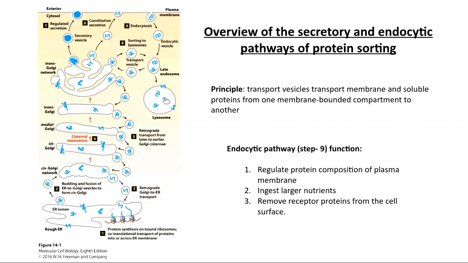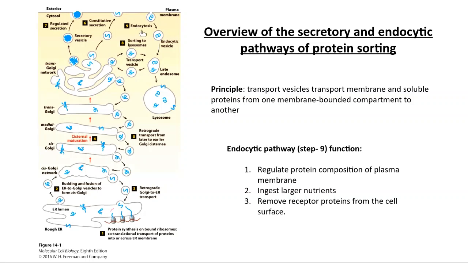And we know that the lysosome also has an acidic environment, as well as certain proteases which completely denature or destroy the protein. Okay, so that is one pathway. This is the sorting pathway through step 8, the lysosome destined membrane and soluble protein pathway.